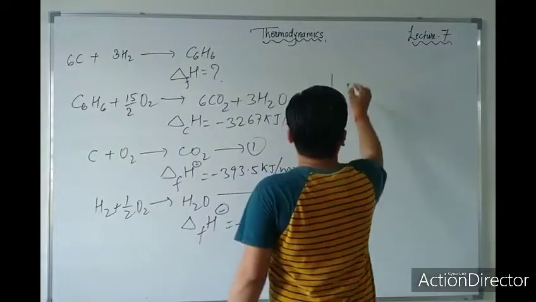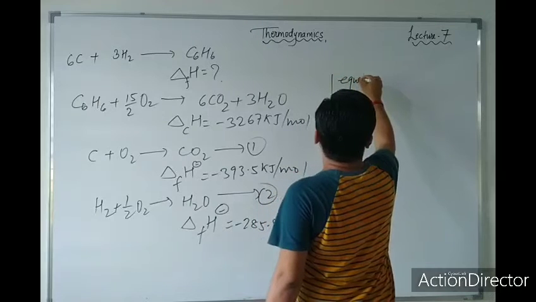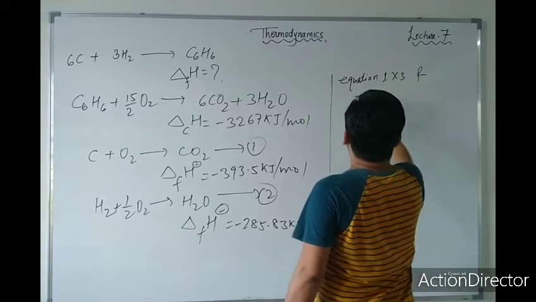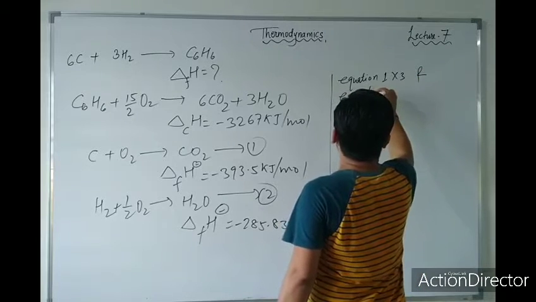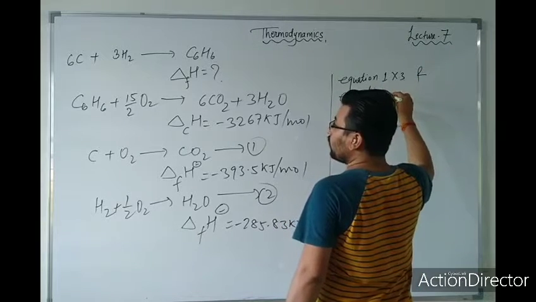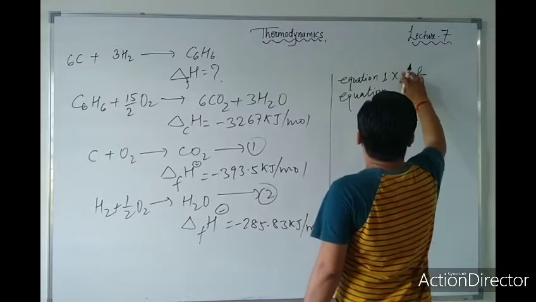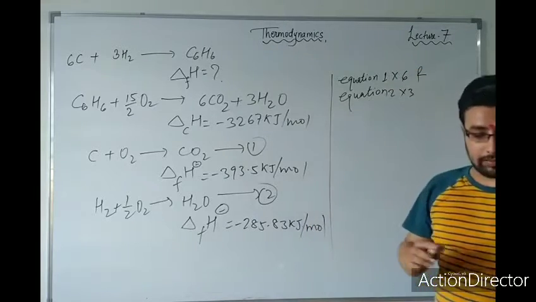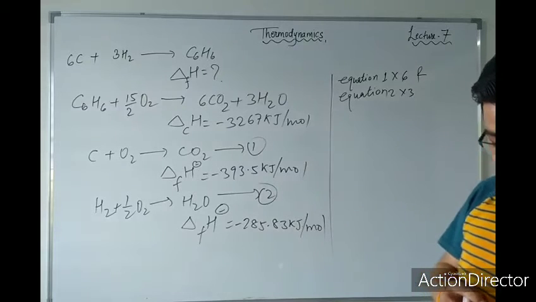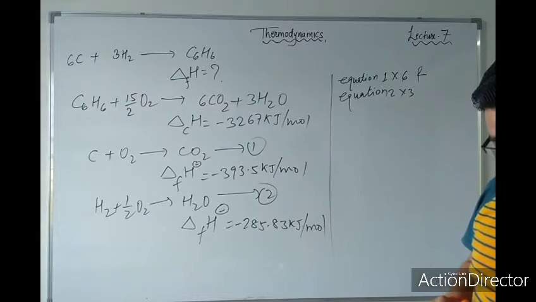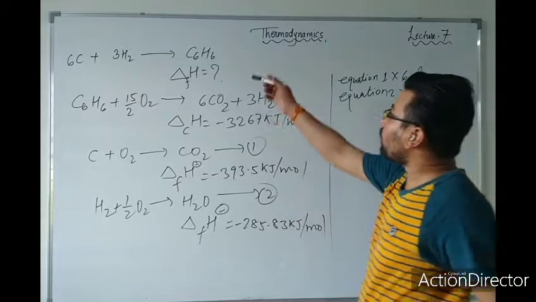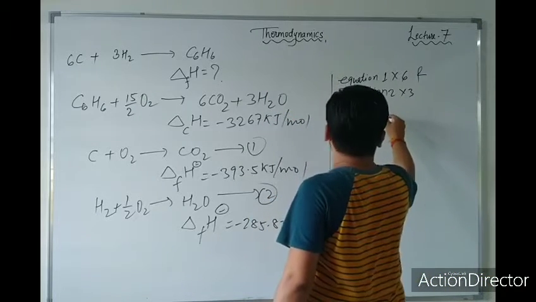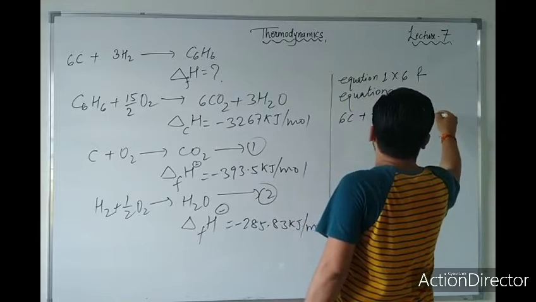Now equation 1 into 6, not 3, and equation 2 into 3. So what will you get, can you tell me? Just suppose what you will get. The same thing, whatever you want to calculate, that is 6C plus 3H2 equal to C6H6.